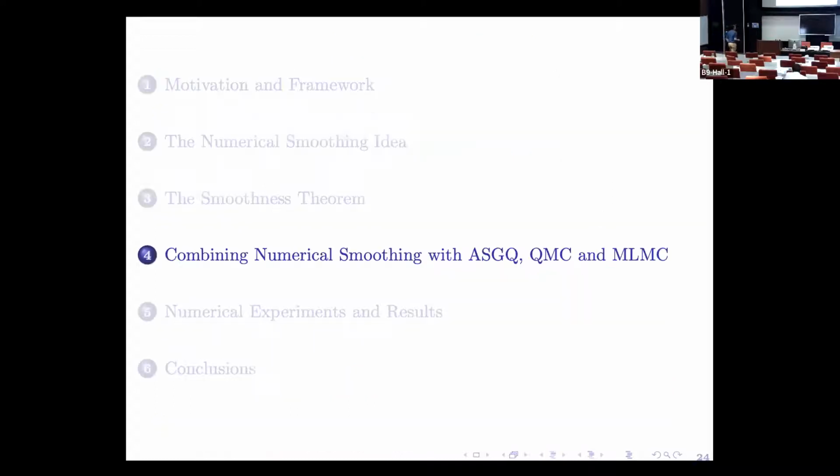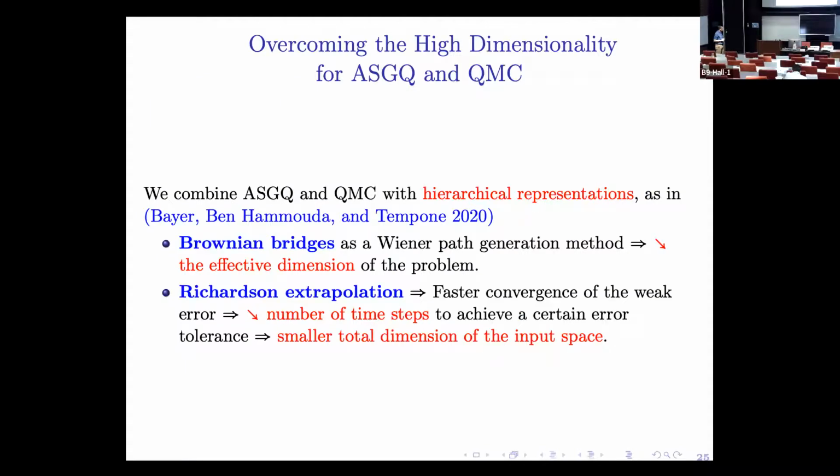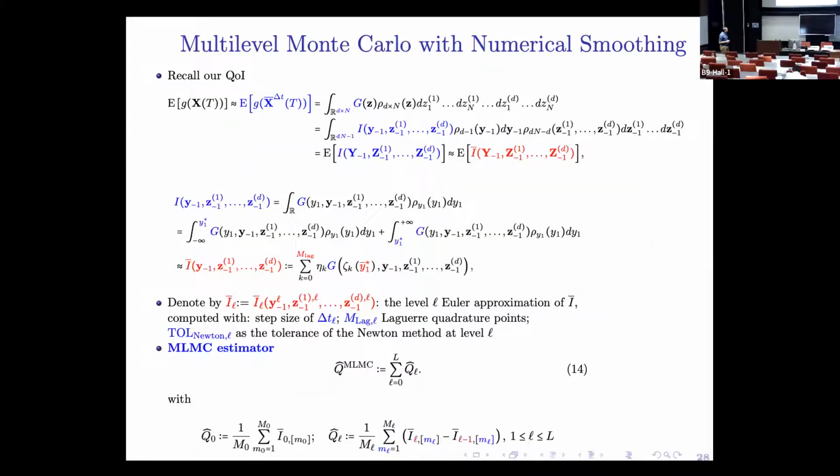Okay. All right, so how do we combine numerical smoothing with the different techniques? The first thing I want to stress is that even though you gain in terms of regularity, you still need to apply Richardson extrapolation, because remember that your resulting problem will scale in dimension with respect to the number of time steps.